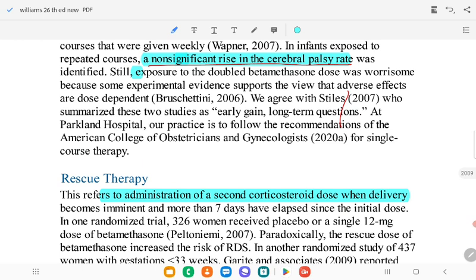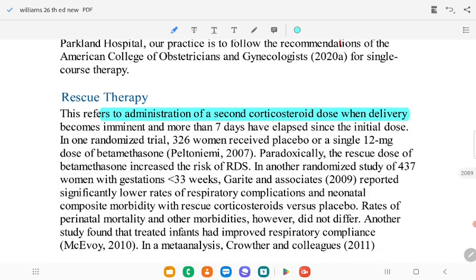If infants are exposed to repeated courses of steroid, a non-significant rise in the cerebral palsy rate was identified. Rescue therapy refers to administration of a second corticosteroid dose when delivery becomes imminent and more than 7 days have elapsed since the initial dose.